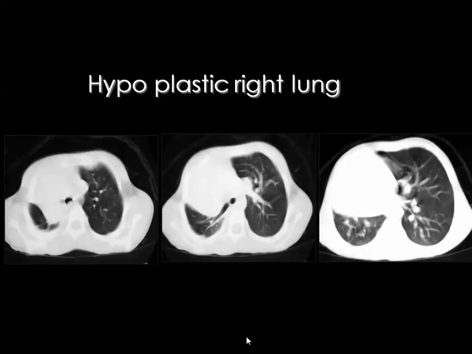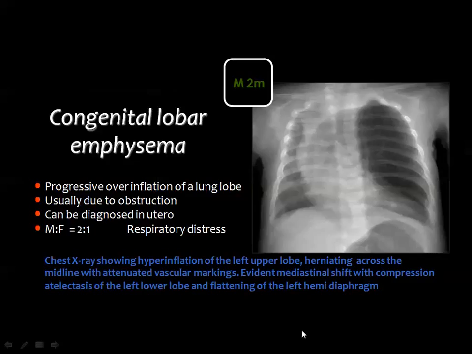Then, if you have the CT scan and you can see vessels normally in the left lung and also vessels which are normally seen in the right lung, then you consider the small lung is the abnormal one, and here you are diagnosing hypoplasia of the right lung.